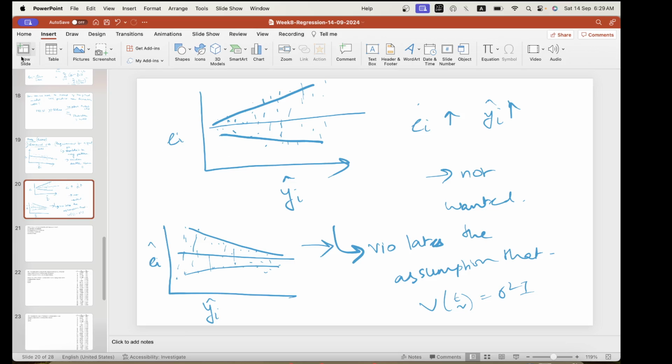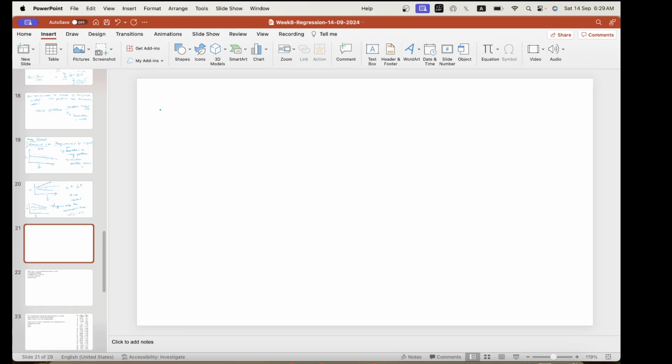And if we also observe some sort of pattern, let's say something like this, with yi hat here and ei, the residuals, here, and this is the e equal to 0 line, and we see some pattern over here, this looks like it could be a quadratic fit.